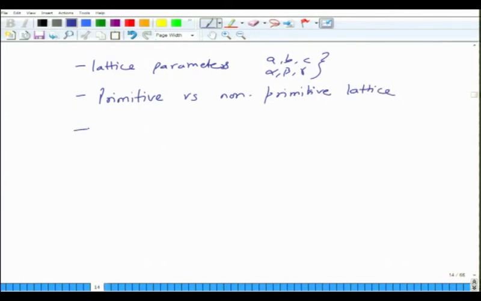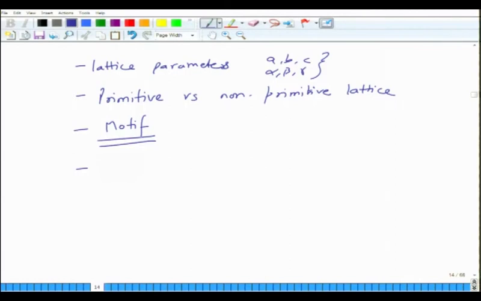And then we looked at the concept of motif. This is a very important thing, motif or basis, because motif or basis will eventually determine how big a unit cell will be, what kind of symmetry it will follow, and we have not seen it yet, but what kind of space and point group it will have. So, this is a very important concept.